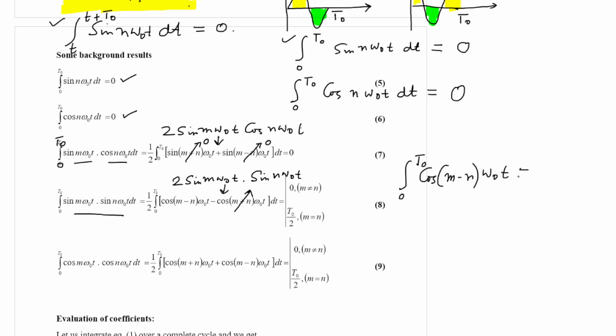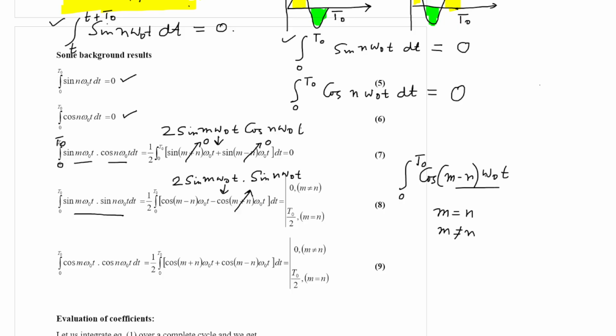Now what will be the result? Let us consider m equal to n and m not equal to n. When m is equal to n, this becomes cos 0. Don't forget to write this dt.